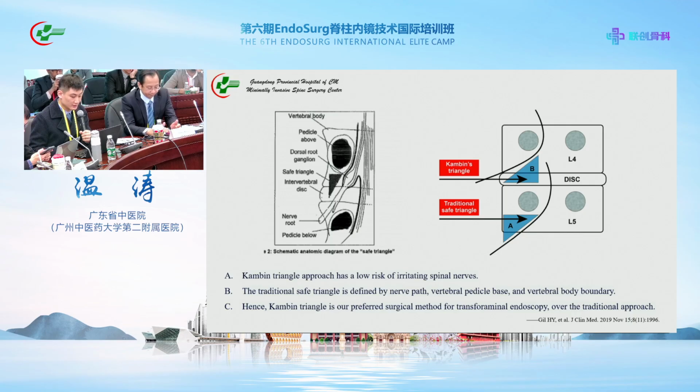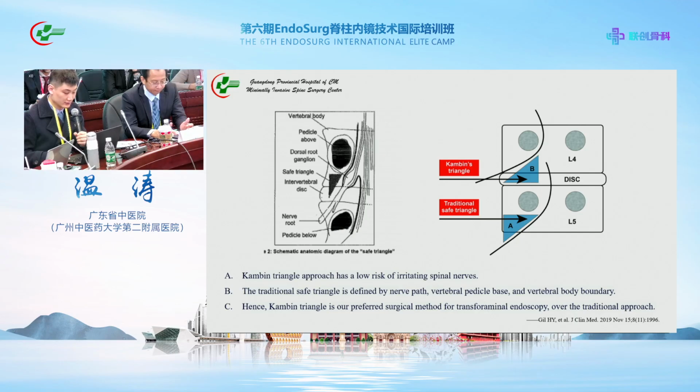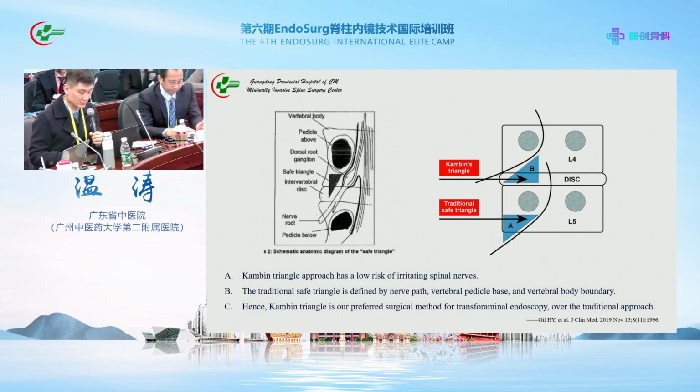And Kambin's triangle is much closer to the central side. The traditional safe triangle is defined by the nerve path and it is easy to damage the exiting root.